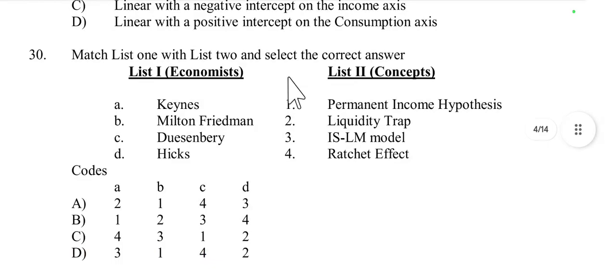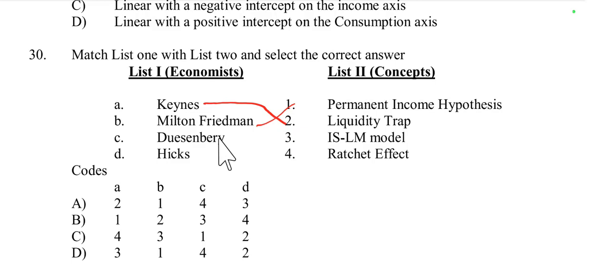Question number 30: list 1, list 2. In list 1 the names of economists are given, then their concepts: Keynes, Friedman, Duesenberry, Hicks. Keynes gave the concept of the liquidity trap. Milton Friedman gave the permanent income hypothesis.